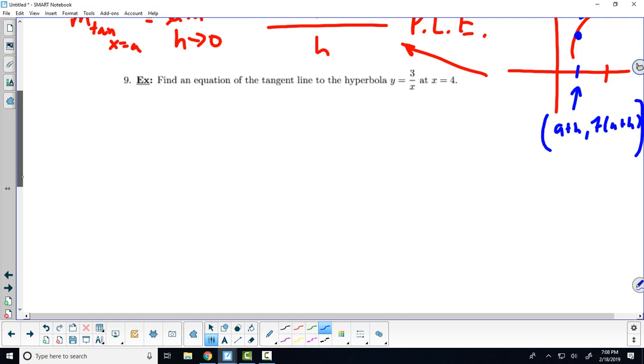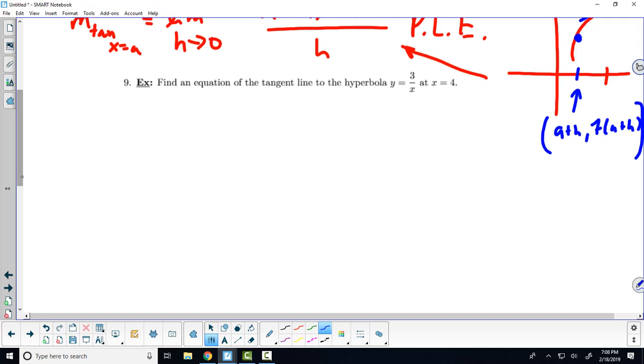So, number 9. Let's find an equation to the tangent line of the parabola y equals 3 over x at x equals 4. I do this because this is the way the author often gives functions. This is the way my math lab often gives functions. I would like to immediately give this function a better name.